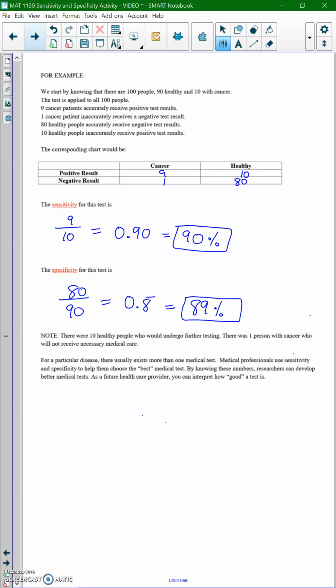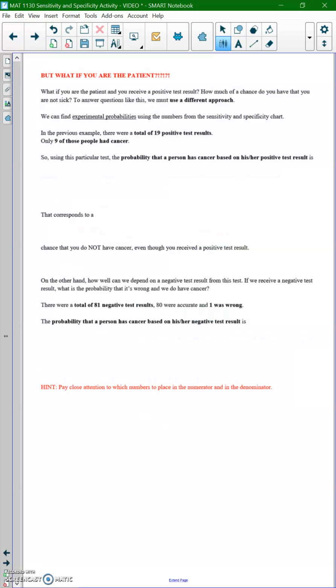Well, let's take a look at this situation a little further. What if you are the patient and you receive a positive test result? We want to know how much of a chance do you have that you are not sick? To answer questions like this, we're going to use a slightly different approach. We can find experimental probabilities using the numbers from the chart we just made.